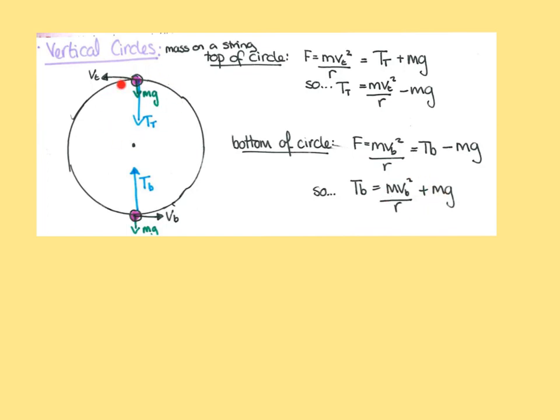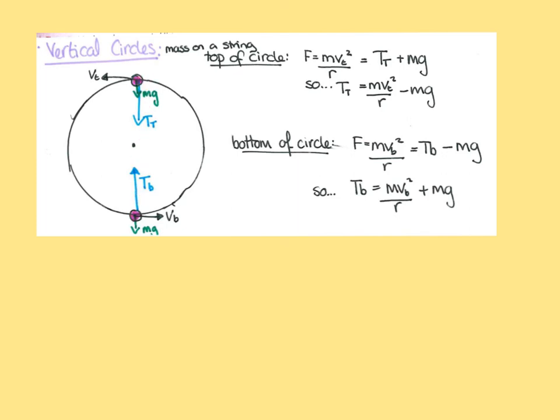So at the top of the circle, the tension in the string is equal to the centripetal force minus the weight. And at the bottom of the circle, the tension in the string is equal to the centripetal force plus the weight. So the tension in the string is going to vary at different points in the circle.